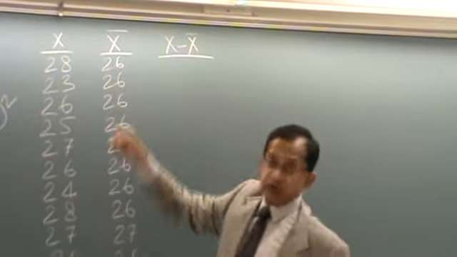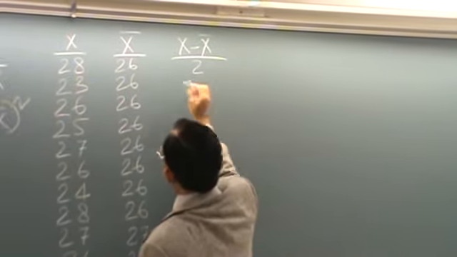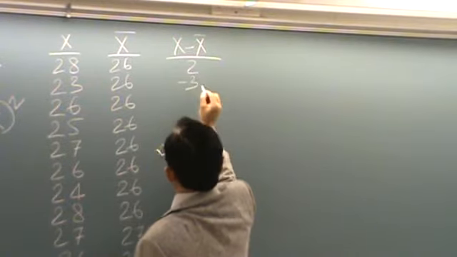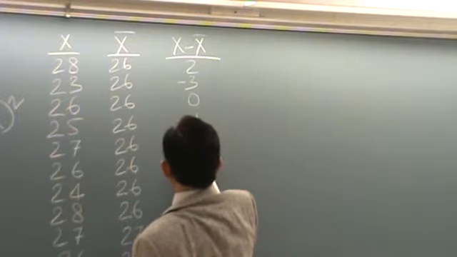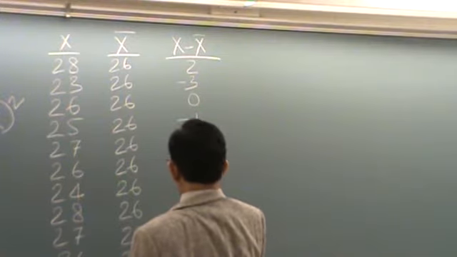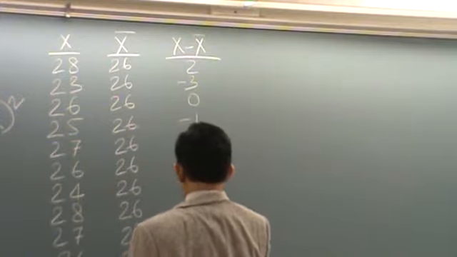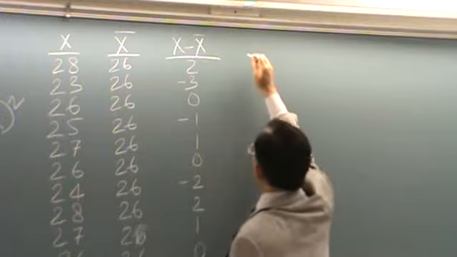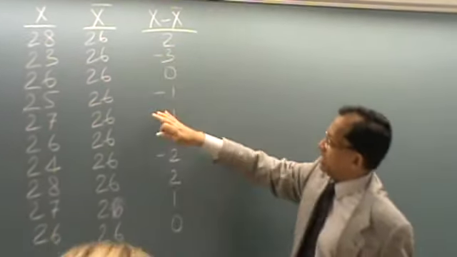So 28 minus 26, that's 2. 23 minus 26, minus 3, this one is 0, this is minus 1, plus 1, 0, minus 2, plus 2, 1 and 0. Now we do have several deviations which have a negative sign.